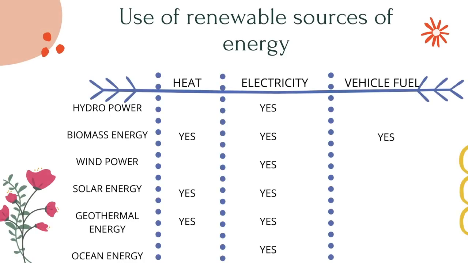The use of renewable sources of energy: for the heat, it is for biomass energy, solar energy, and geothermal energy. For the electricity, it is all the energy. For the physical fuel, it is for biomass energy.